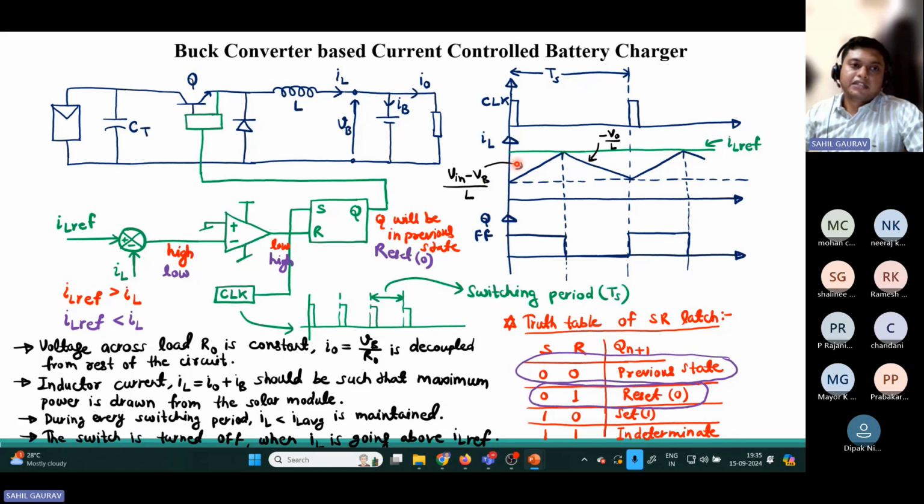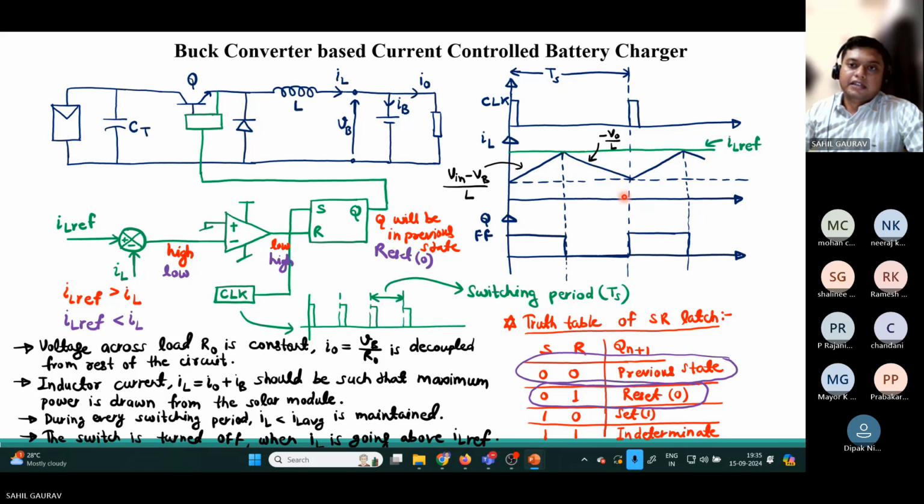So this is quite simple. It means if this IL difference is greater than the inductor current, our inductor gets charged, and when it wants to increase its value more than IL difference, our SR latch output gets 0, such that this switch Q gets turned off, and it is going to discharge.